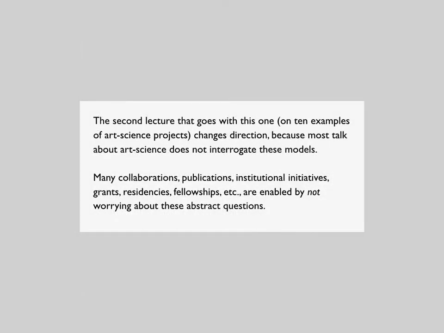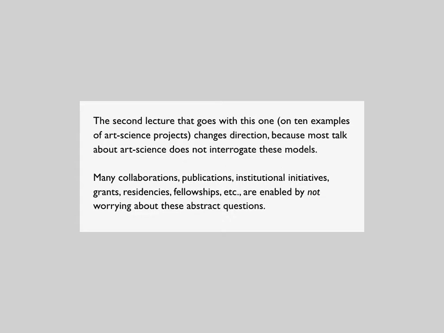And then just to end, to make a different sort of point as my last point: the second lecture that goes with this one, the one with the 10 examples of different kinds of projects, goes in a different direction because most art-science doesn't interrogate these models at all or in any consistent way.